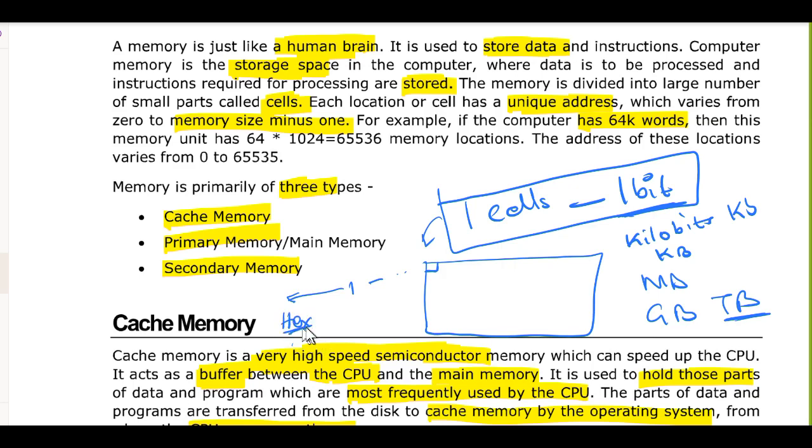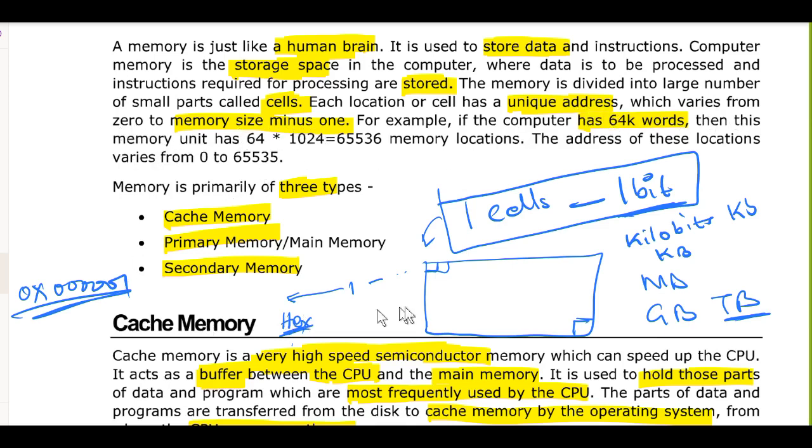We are going to discuss that one at a later stage. So you might find that 0x0000001 is our first memory address. Then as you move on, you have very many cells, and each of them has a different address. Each unique address varies from 0 to memory size minus 1.